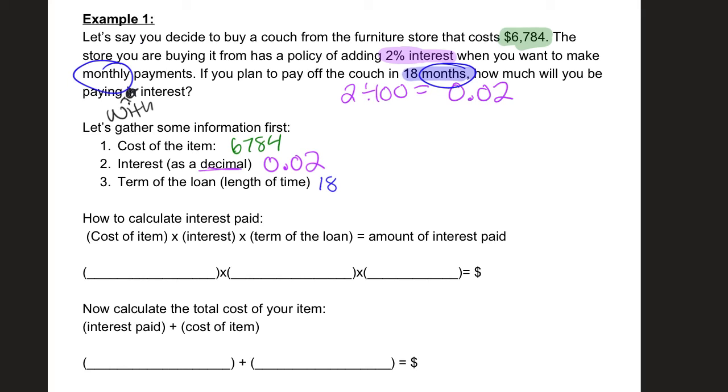So we're going to take the cost of the item, $6,784, times interest as a decimal, 0.02, times the term of the loan, how long we're paying it for, 18 months.